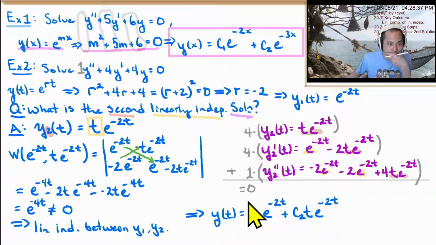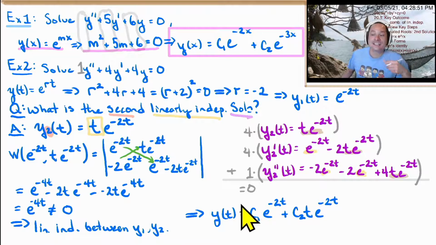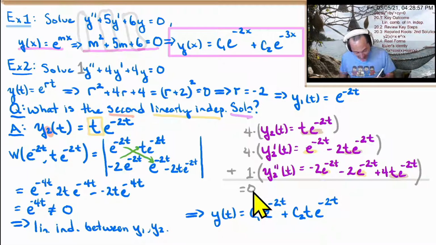Questions? So what did your high school algebra adding stuff do? Yeah, it kind of looks like a fake step, right? Because I've added it all up. But what should it be equal to when I add 1 times y double prime plus 4 times y prime plus 4 times y? It should be equal to 0.